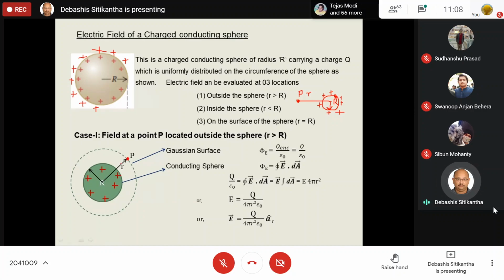Now let us apply our Gauss law in order to find the electric field. Our Gauss law says that the flux phi E is equal to Q enclosed by epsilon 0. Now who is enclosing this Q?